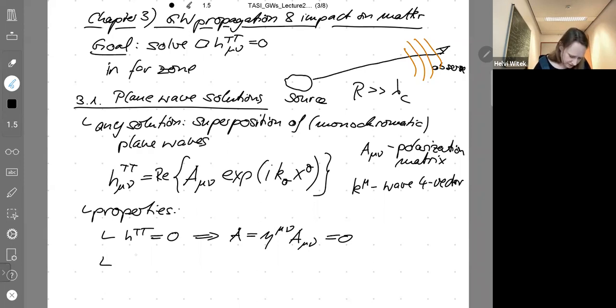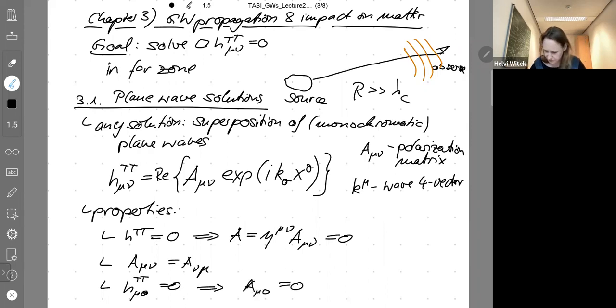We also have that this polarization matrix is symmetric, which follows from the fact that our metric perturbation is symmetric. And because our perturbation is only spatial, the same holds true for our polarization matrix. Because h mu 0 TT equals 0, we also have that A mu 0 equals 0.